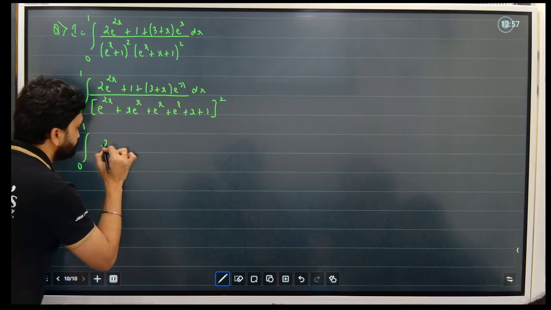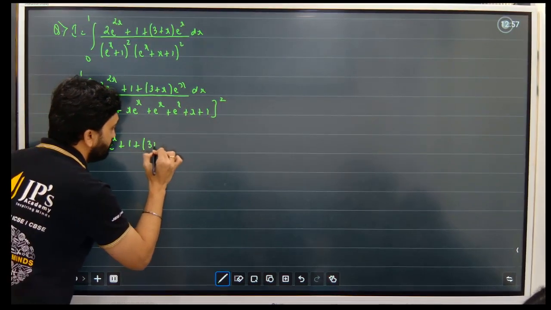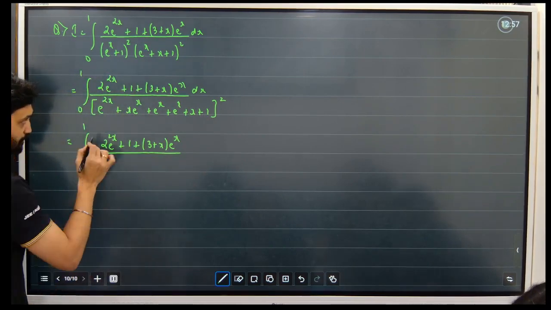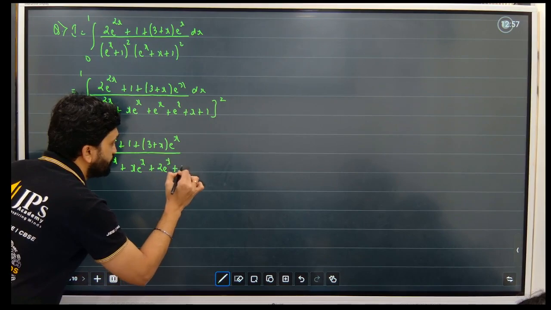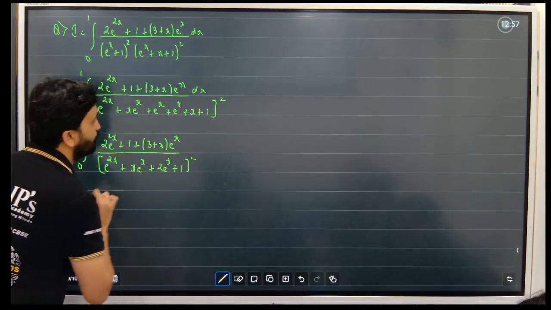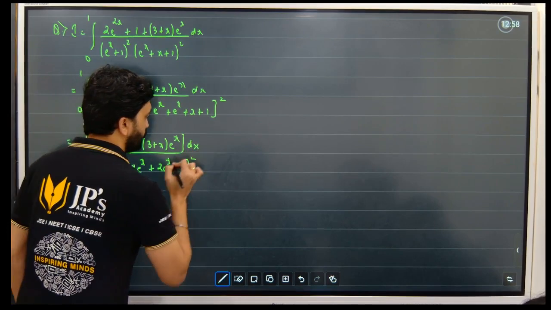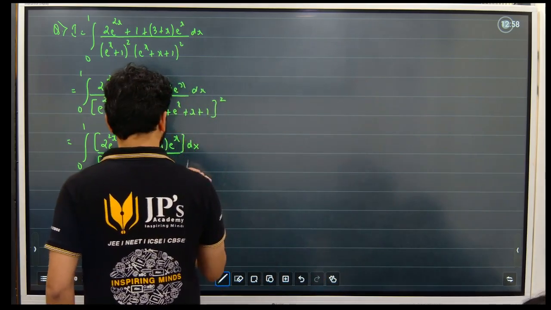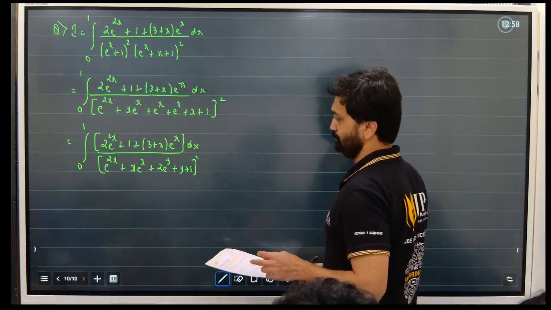Integral 0 to 1 of (2 e raised to 2x plus 1 plus 3 plus x e raised to x) upon (e raised to 2x plus x e raised to x plus 2 e raised to x plus x plus 1) the whole square, and here if I put a bracket, it will become dx.